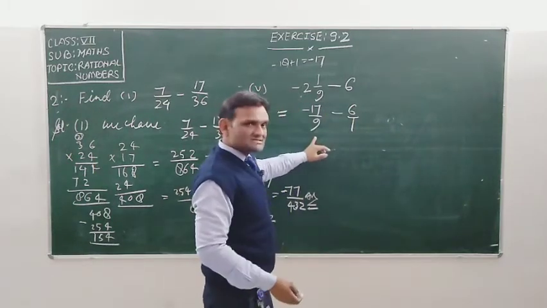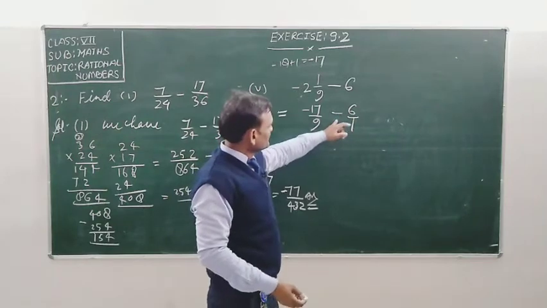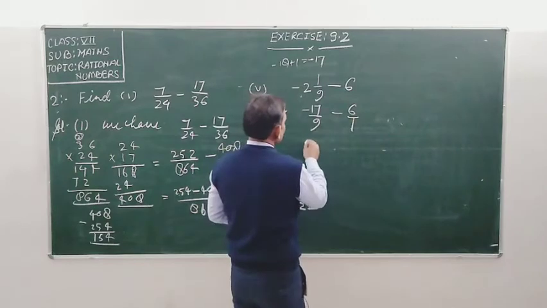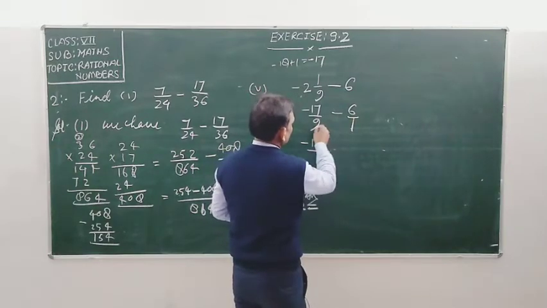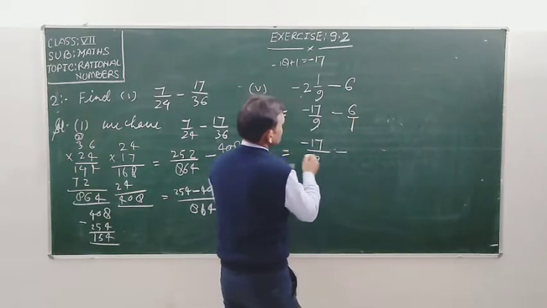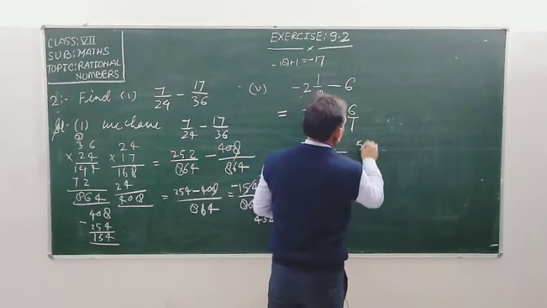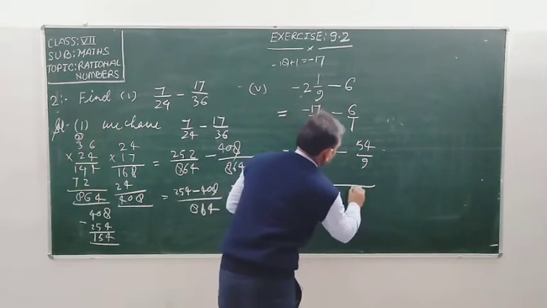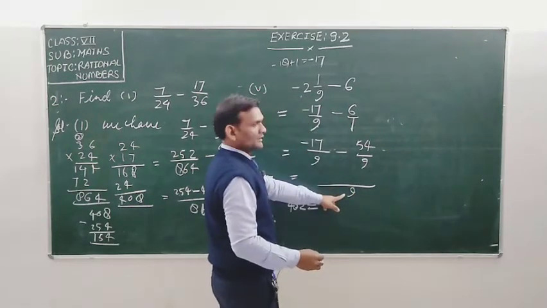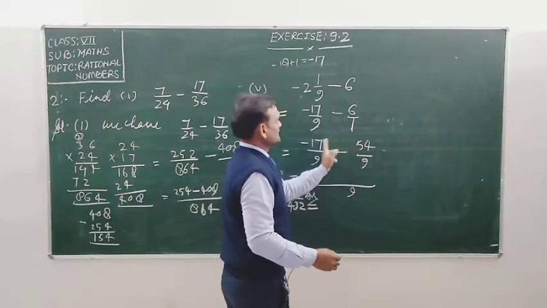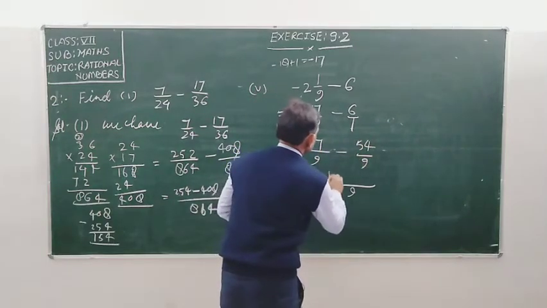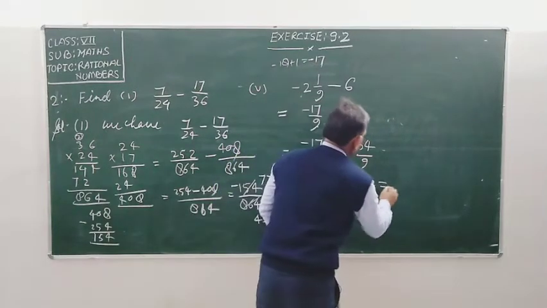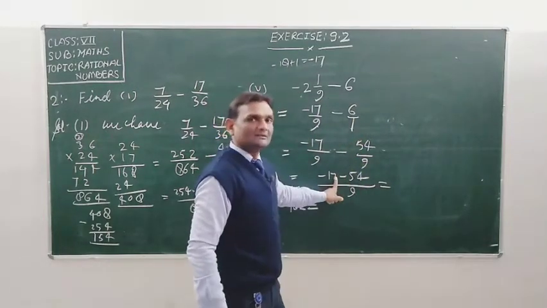So student, the denominators are not the same here also. So we need to do cross multiplication. 1 17 is 17 and 1 9 is 9, minus 9 6 is 54 and 9 1 is 9. So student, the denominators are the same. So we write one denominator and we subtract numerator from numerator. Minus 17 minus 54. And student, you are seeing that both numbers are negative.